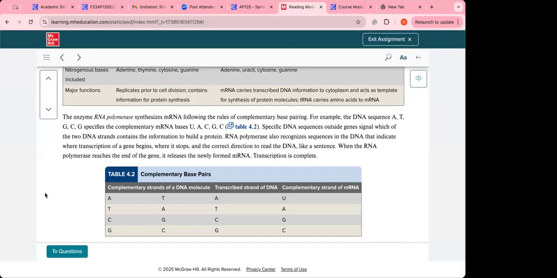Specific DNA sequences outside genes signal which of the two RNA molecules. Okay, let's go back to the question again.